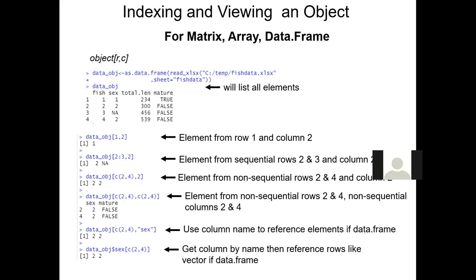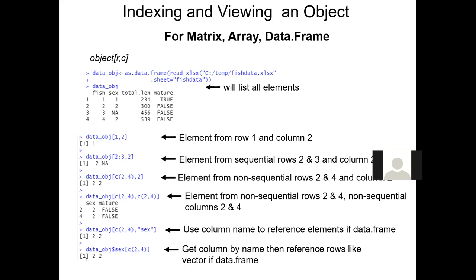And that doesn't change. It'll just be rows and columns: the position before the comma and the position after. So in this first case, I wanted to see the element in row 1, but in column number 2. So it would be fish 1 that has a sex of 1. So you can see how that's done.